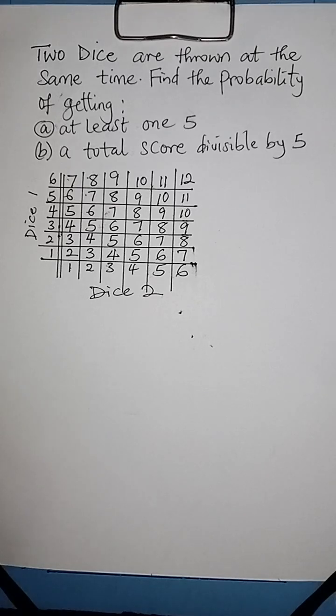Now, the phrase at least one 5 means when you roll the dice, there are two dice. One of them will be 5, or both of them will be 5. That's the meaning of at least one 5. It can be one 5 or two 5s, but at least one and above. And because there are just two dice, it's going to be either one 5 or two 5s.